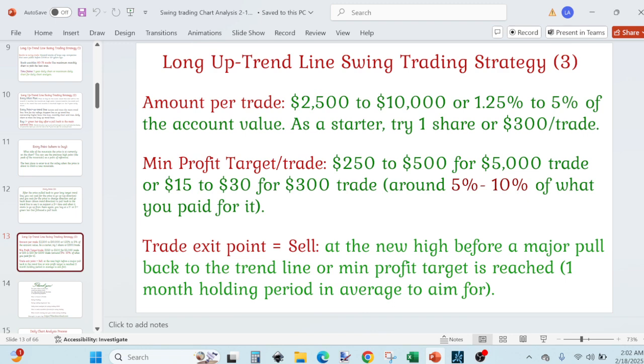If you bought it well at the valley, reaching a new high will be a good option. If you bought it higher up, then when you reach a new high, you'll have a smaller profit depending on where you bought it. But yeah, around 5% return to lock in some profit or aim for the next high, depending on the type of stocks you are trading.